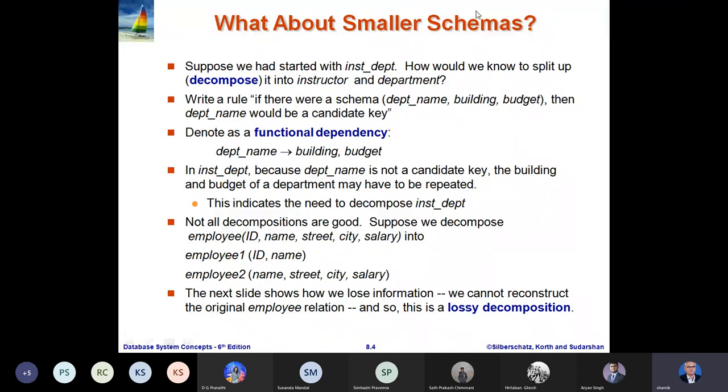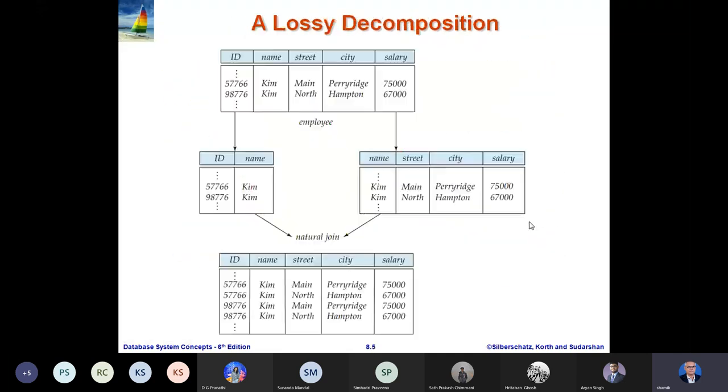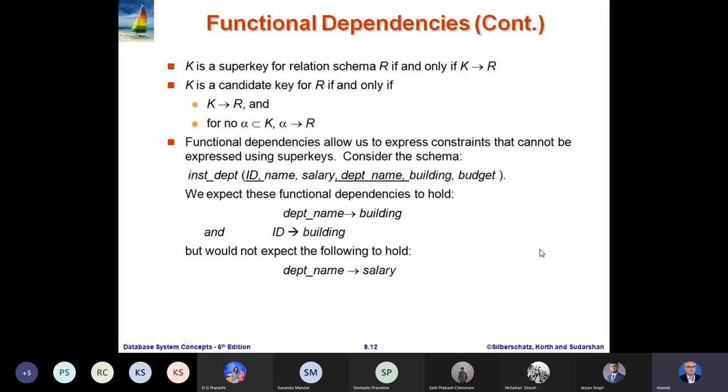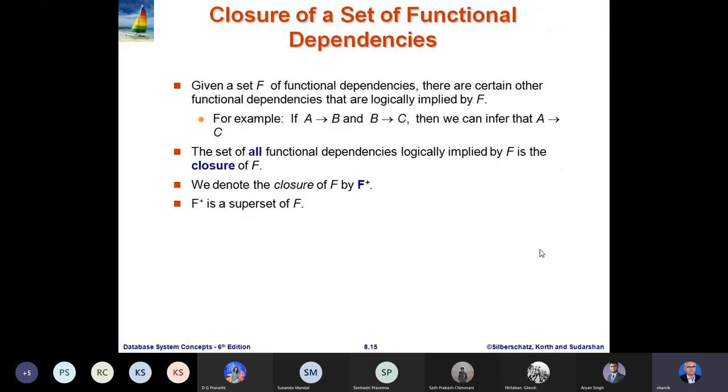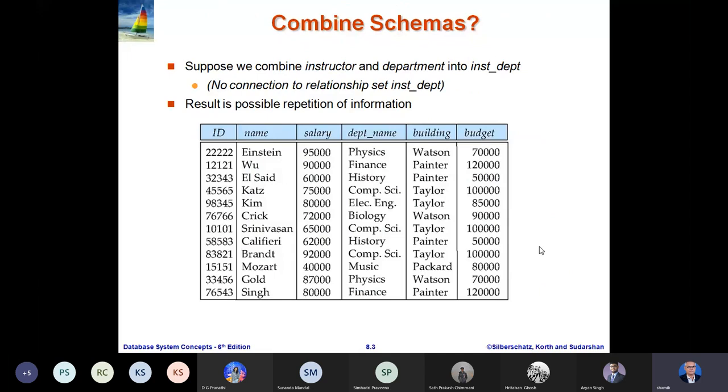But we have studied that if we try to decompose arbitrarily like this, we'll end up getting a lossy decomposition. Of course, this is not acceptable. But even if it is not lossy, we have to understand that this is not exactly a good design, and what a good design is, which is what we have studied all the way.